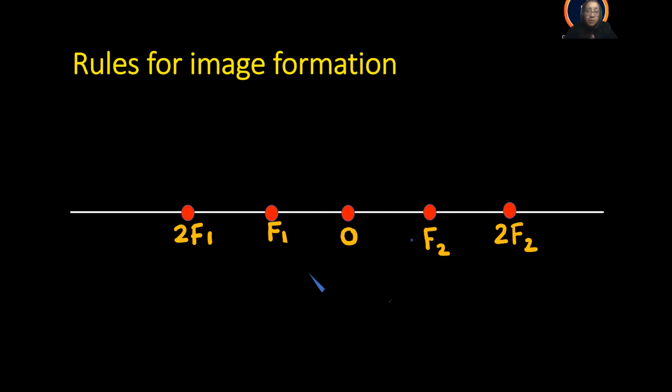Let me remind you, in the previous video we had seen some standard incident rays. There are a lot of rays traveling or reflecting back from any object, infinite rays. So while drawing the ray diagram, we consider only two rays, because these two rays are enough for drawing an image. And we will consider specific rules while selecting which rays to take.